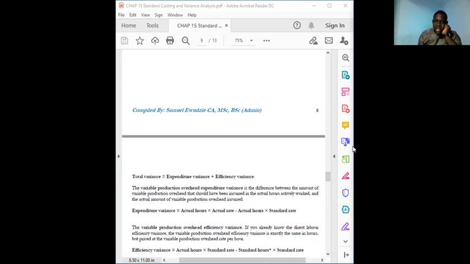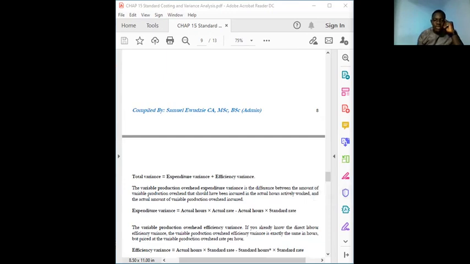So we have (AR, actual rate, minus standard rate) times the actual hours. Okay, how much variable production overheads incurred as against what should have been. So that's the variable production overheads expenditure variance.